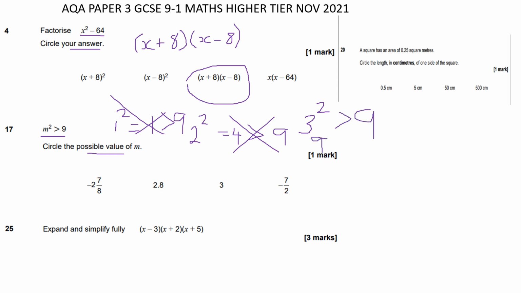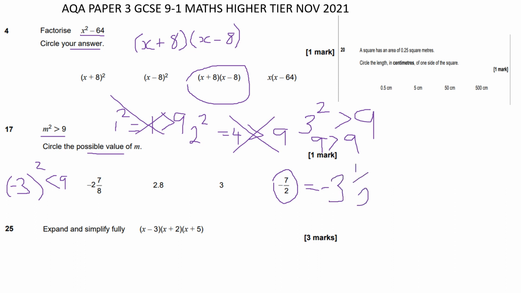So we're looking for a number bigger than 3 or smaller than negative 3, because if you think about it, minus 3 all squared is going to be positive 9. So we want a number that is smaller than negative 3, and looking here, that will be this one, because that's equal to minus 3.5 as a mixed number.